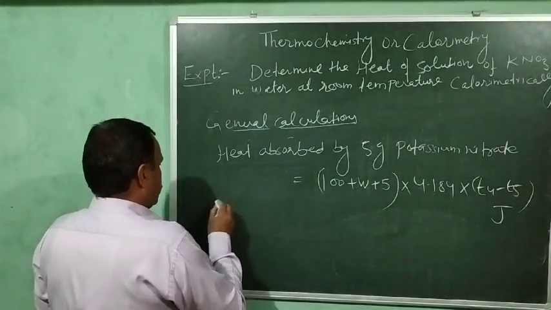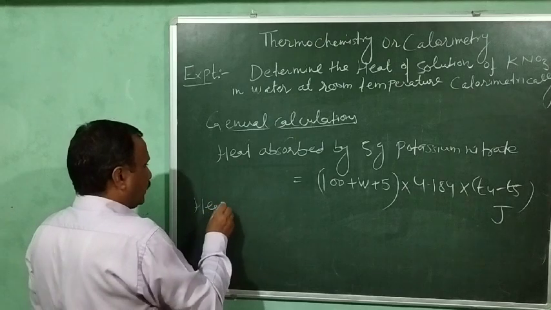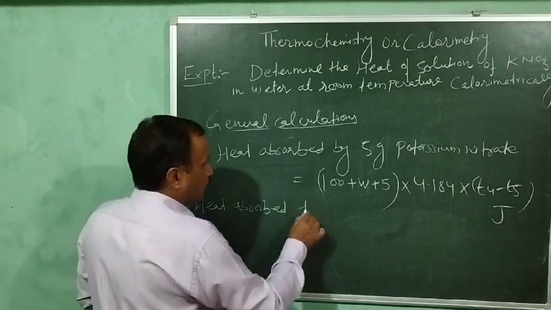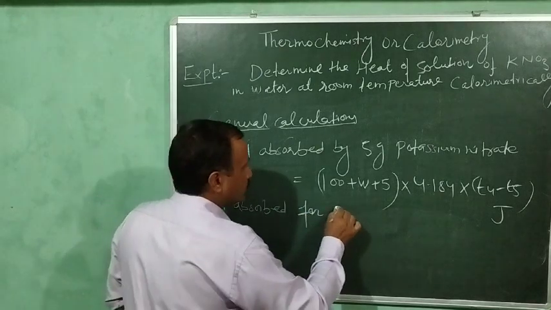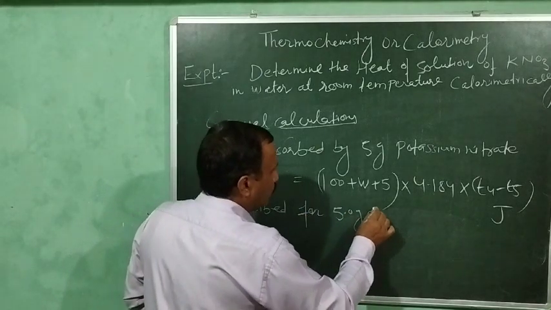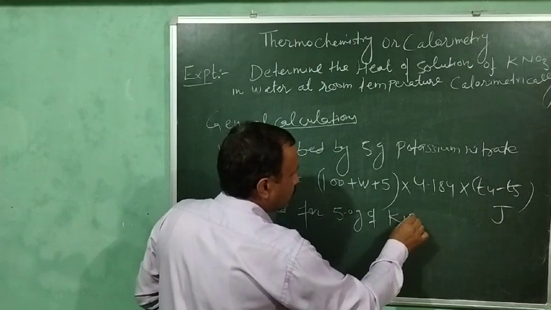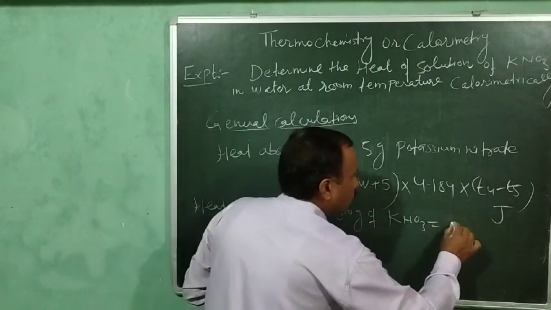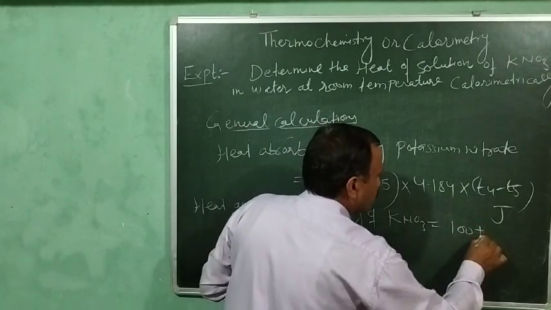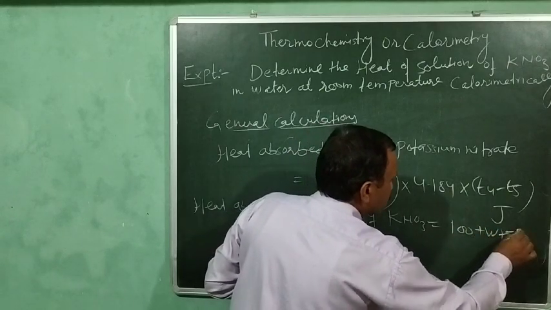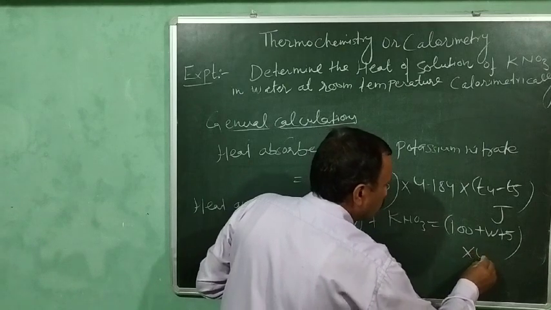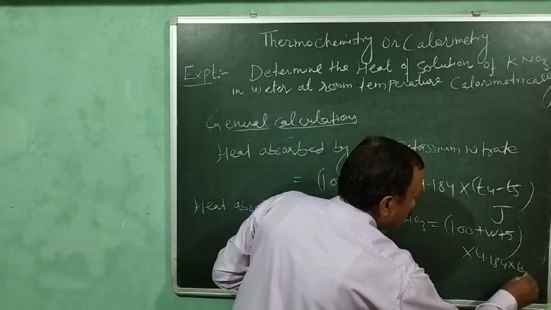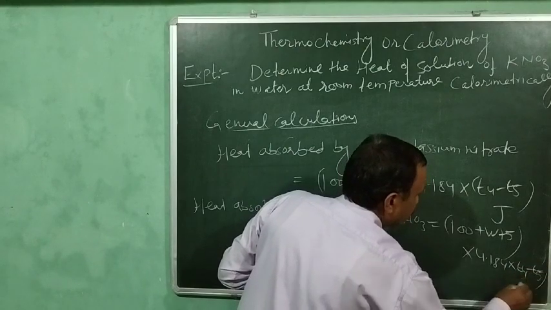So heat absorbed for 5 gram of potassium nitrate is equal to 100 plus W plus 5 into 4.184 into T4 minus T5.